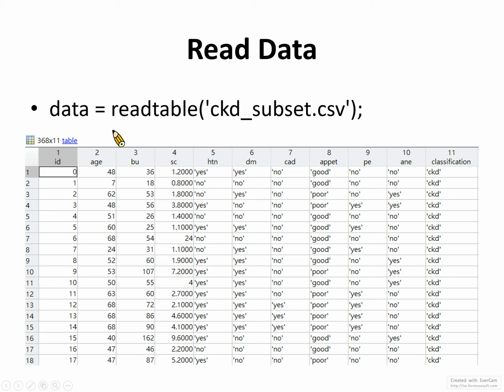So this readtable function can directly read the table information, including the names of the variables, into a data variable. You can name this data or something else as you like, but the essential part here is that we use readtable to create a table variable that contains 368 rows by 11 columns.